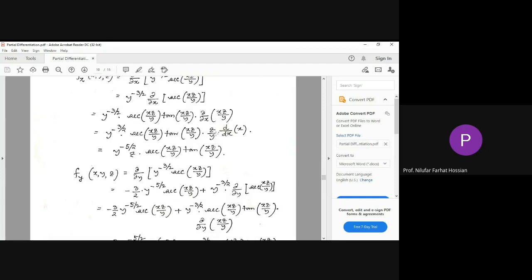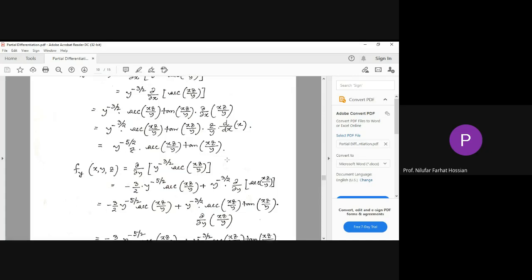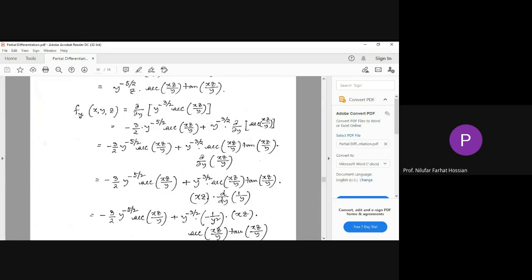So z over y into d dx of x, and d dx of x means it is simply 1. So ultimately this part gives you 1, so it will be z into y to the power minus 3 by 2 minus 1. So ultimately it will be minus 5 by 2 and the remaining thing. Okay, now we find the partial derivative with respect to y.